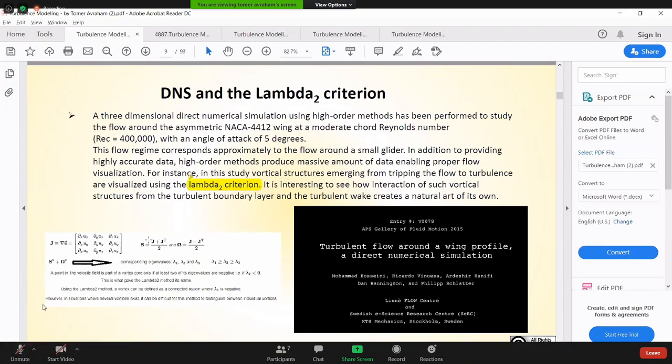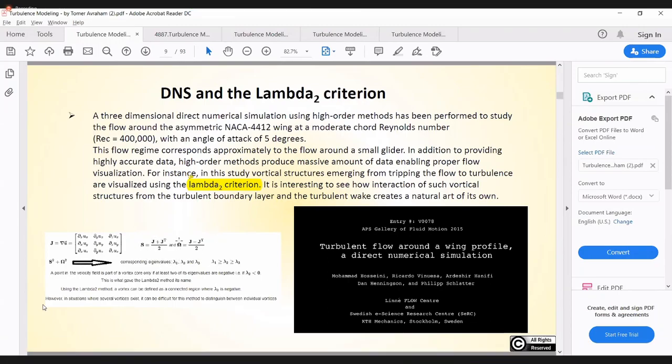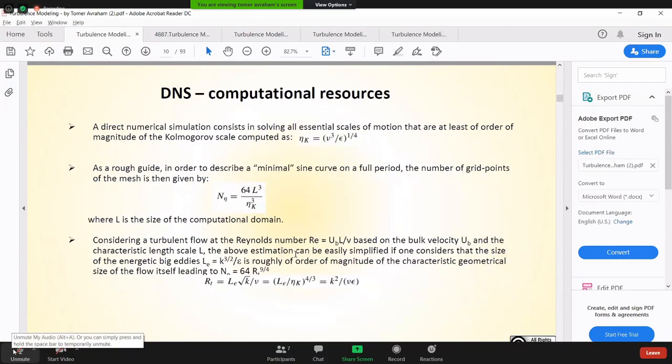Part of it is the symmetric part, which is the shear. Part of it is the rotation. In the Wisniewski hypothesis, we have only the shear, and you have the gamma criterion. Usually we either use lambda 2 or the Q criterion, which gives us a measure of the vorticity in the flow. There's a nice movie here, but we won't watch it now.